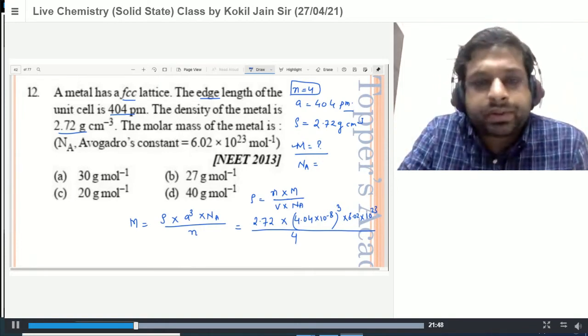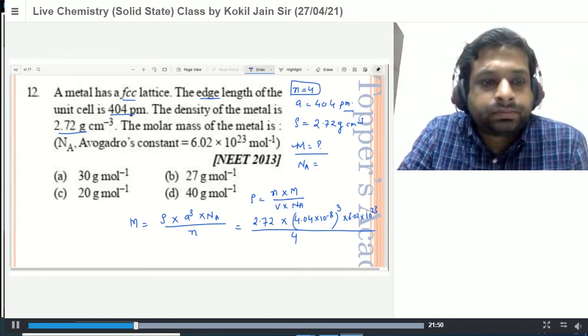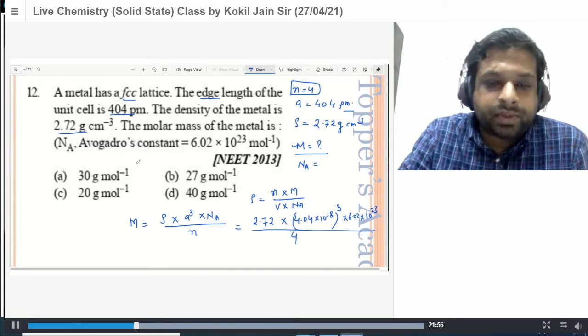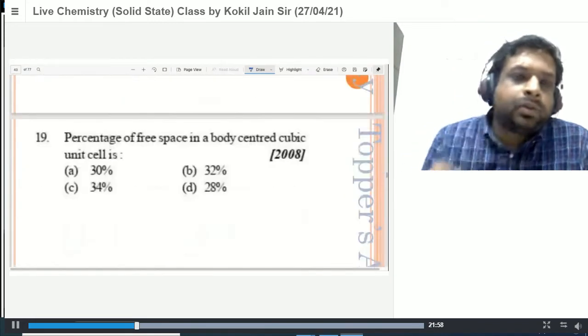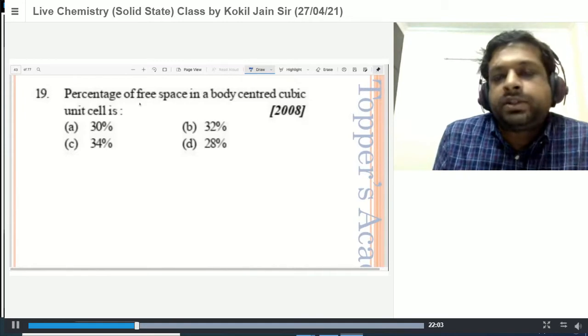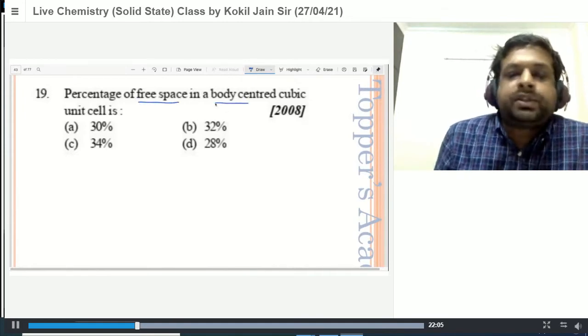Try to solve this question. Density of KBr has been given to you. The length of the edge of the unit cell has been given to you. KBr has a face-centered lattice, and the molar mass of KBr is needed.